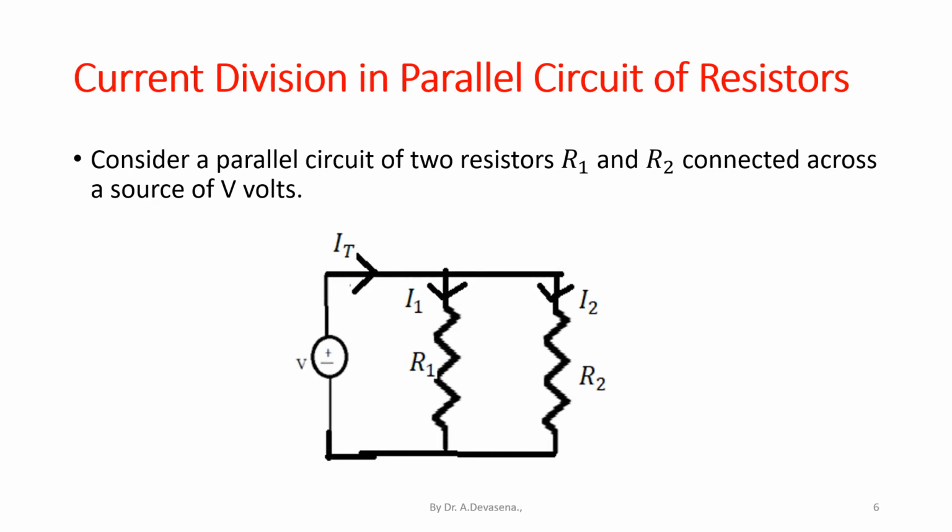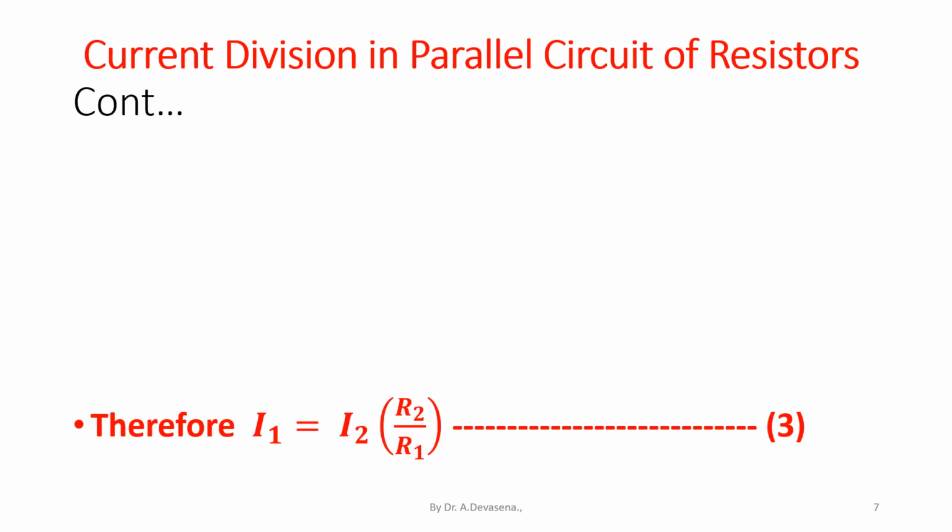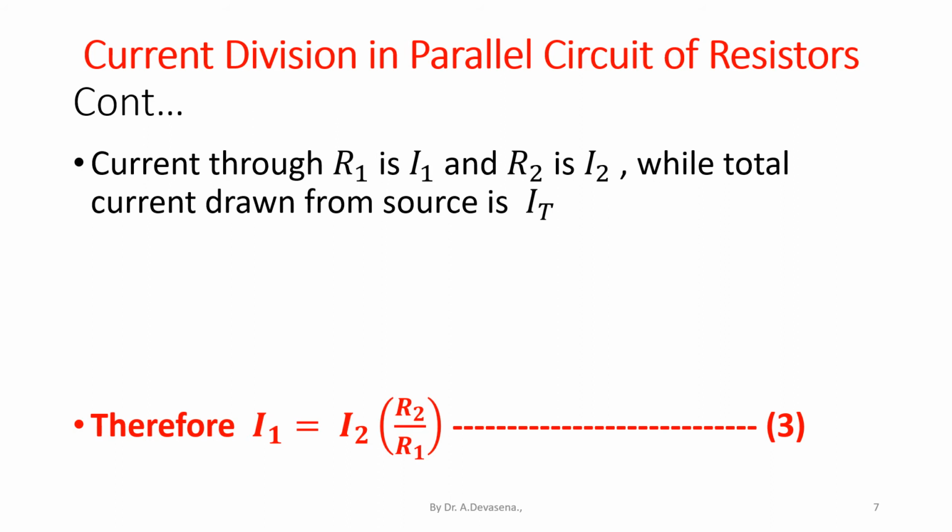This is the representation of two resistors R1 and R2 connected in parallel with the voltage source. Current through R1 is I1 and through R2 is I2, while the total current drawn from the source is I suffix T.